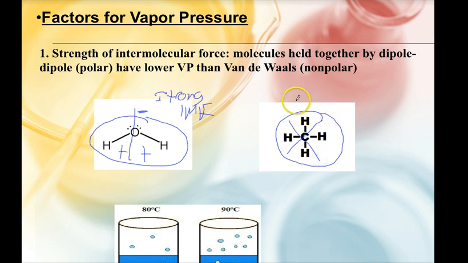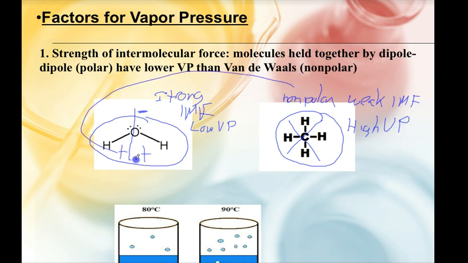So it is nonpolar, and it's going to have weak intermolecular forces. So this will have low vapor pressure. This will have high vapor pressure. This is extremely important that you remember this.